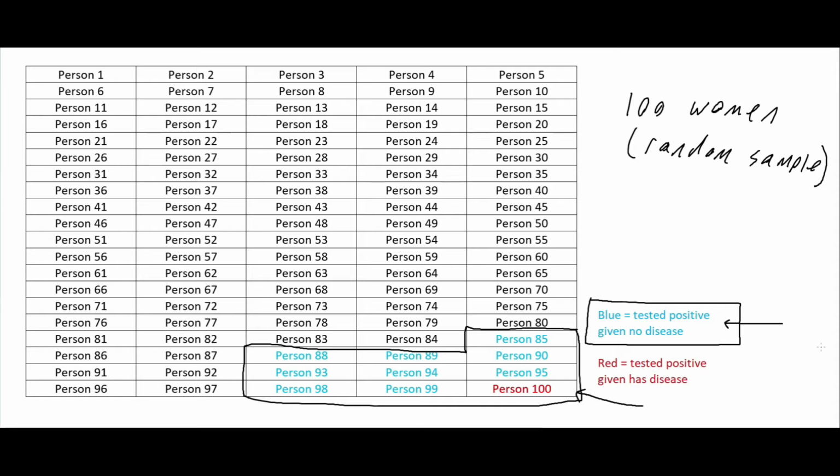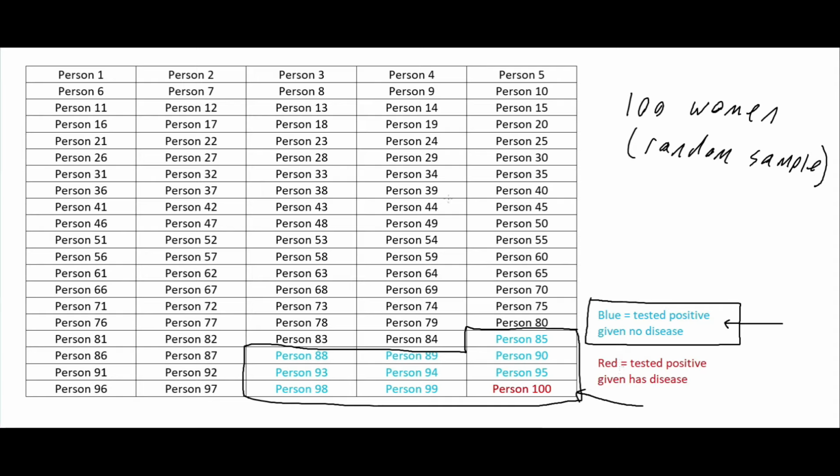Now I kind of wish I had made the table, but say that the rate of having the disease is 10%. So say that these people in blue and red are people who do have the disease, and we still have the 9% false positive rate.